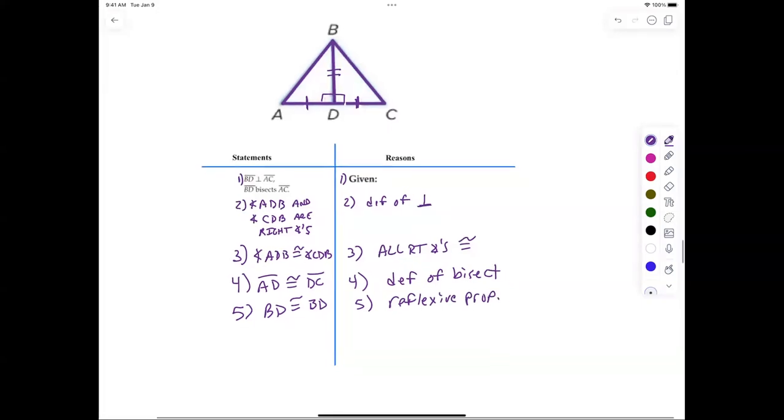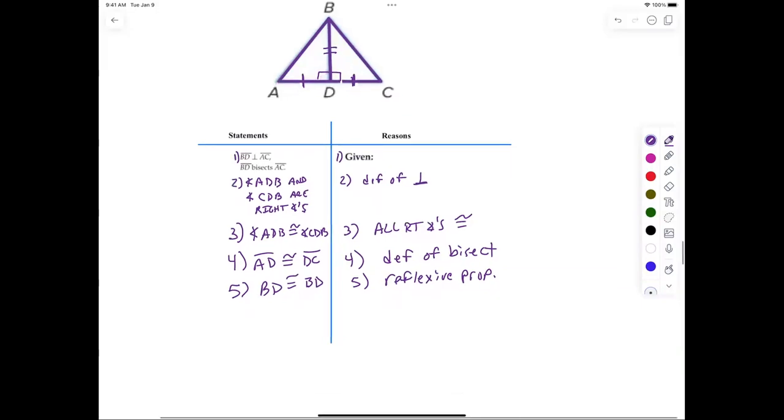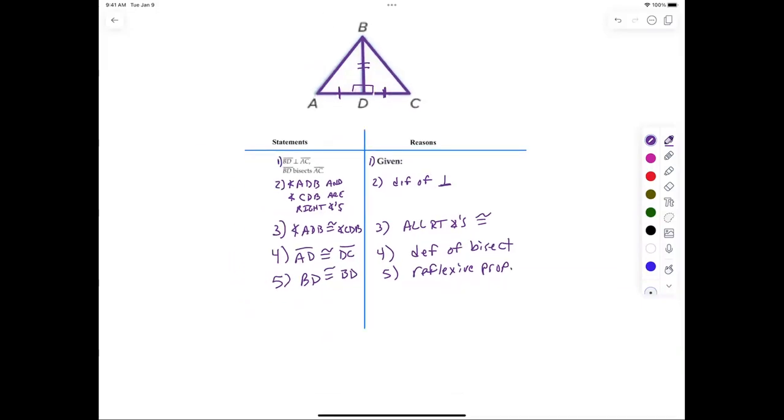There's ADB. What about AD? Triangle ADB to triangle CDB. What are we trying to prove? Because I covered it up here, I'll remove it now.